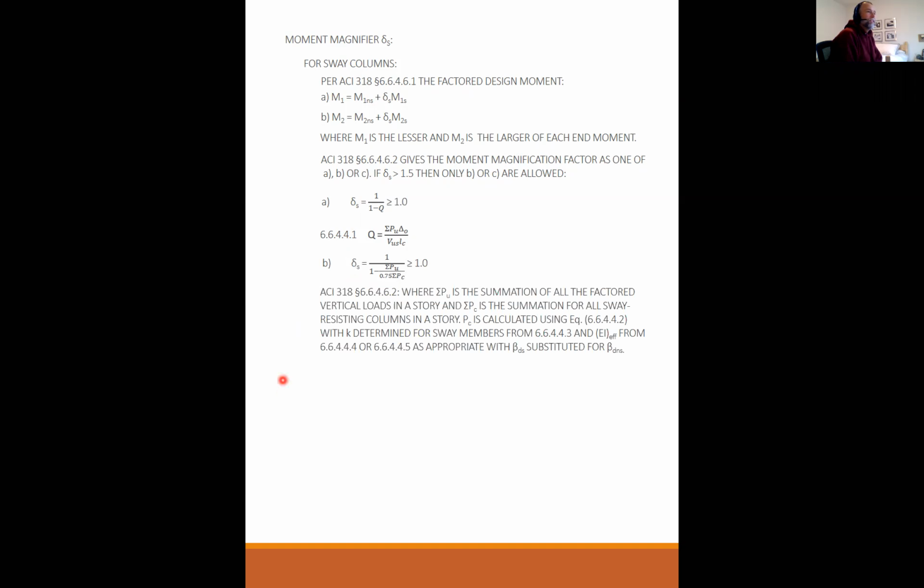ACI 318-6.6.4.6.2, where the sum of PU is the summation of all the factored vertical loads in a story, and the sum of PC is the summation for all the sway resisting columns in a story. PC is calculated using equation 6.6.4.4.2, with K determined from sway members from 6.6.4.4.3, EI effective from 6.6.4.4.4 or 6.6.4.4.5 as appropriate, with beta DS substituted for beta DNS.